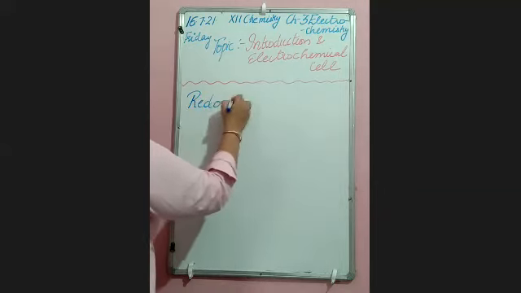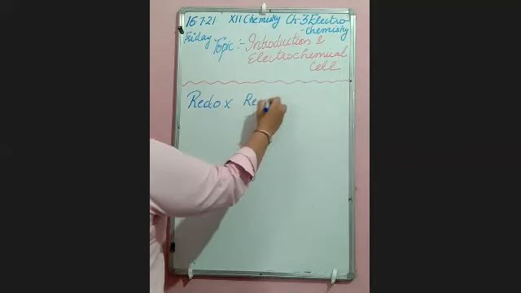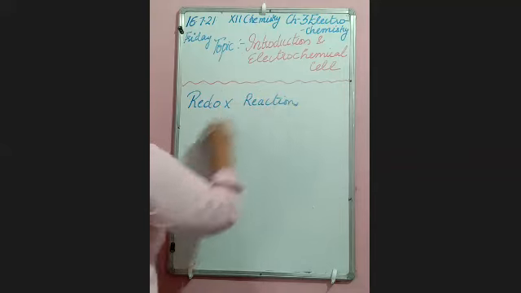See, it is made up of two words, that is reduction plus oxidation. The reactions in which reduction and oxidation reactions occur simultaneously are your redox reactions.